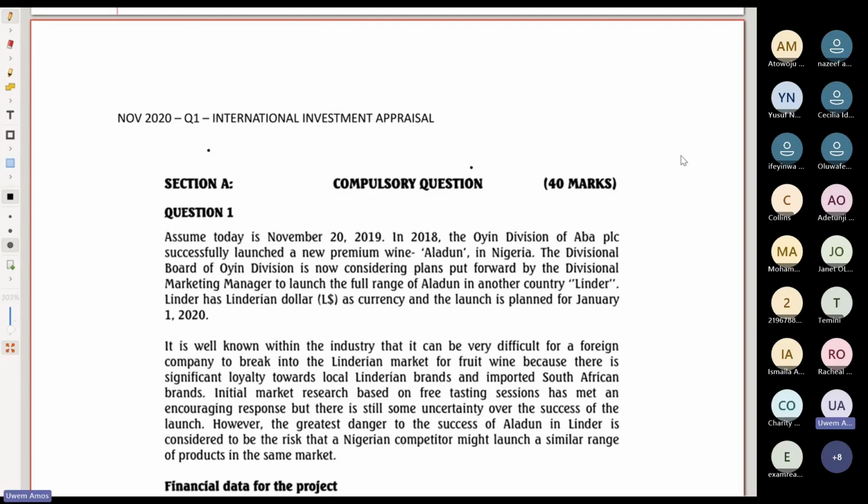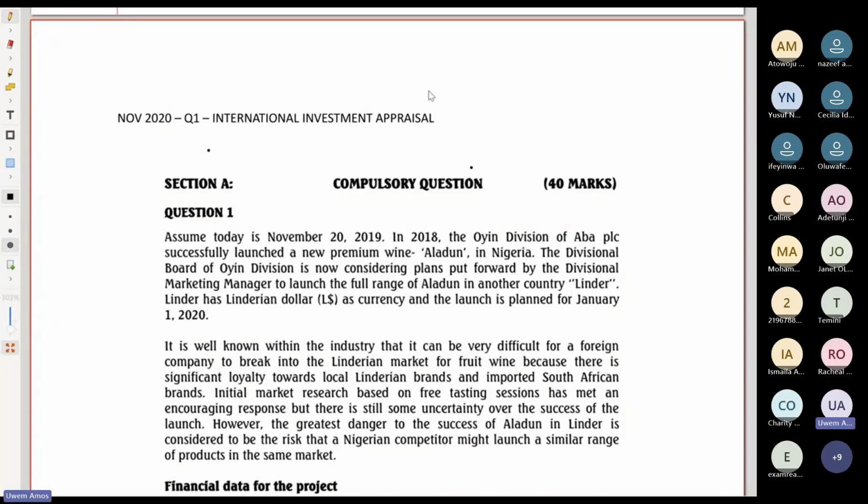The divisional board of Oyin division is now considering plans put forward by the divisional marketing manager to launch the full range of Aladun in another country, Linda. So you can see immediately that they are considering investment in another country. That tells you that this is international investment appraisal at play. All right. So Nigeria going to Linda.